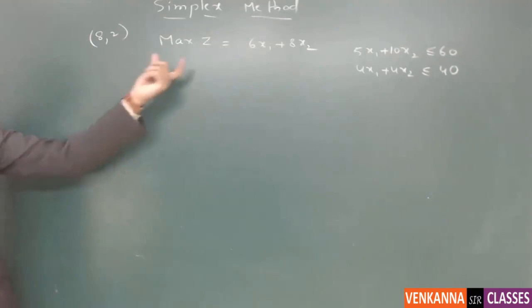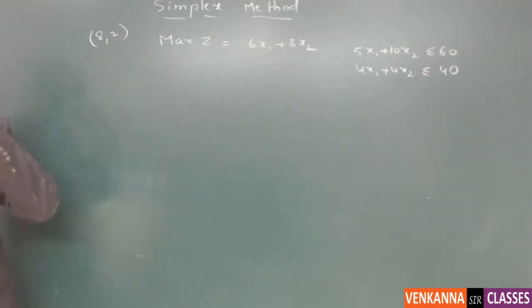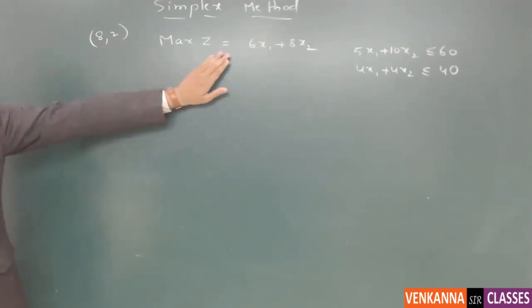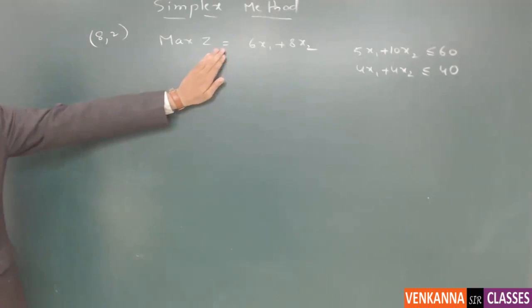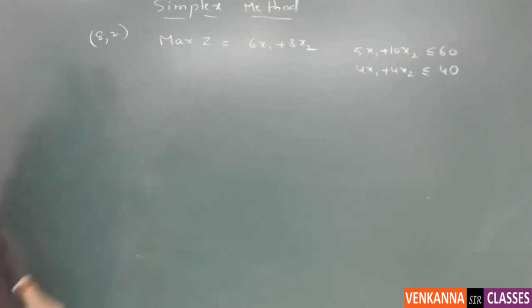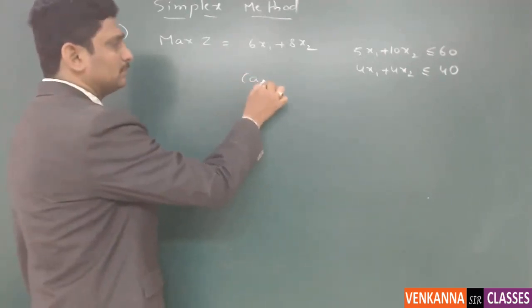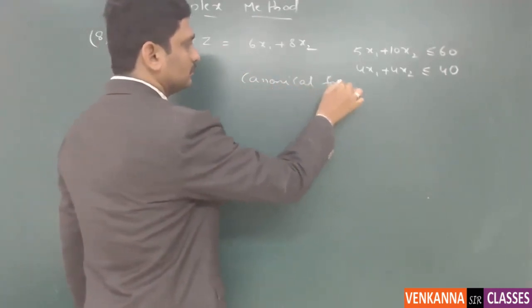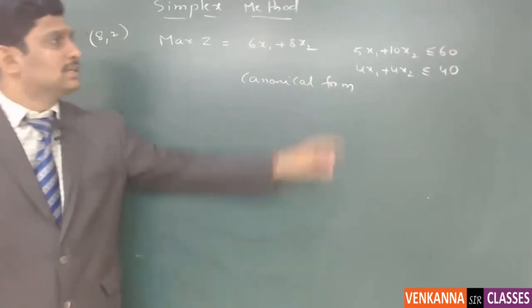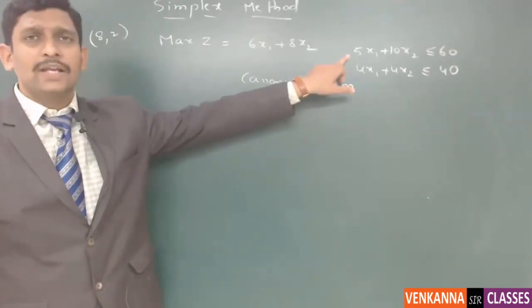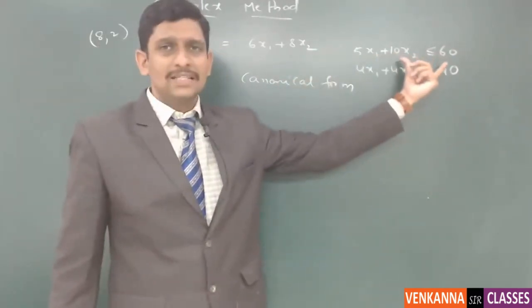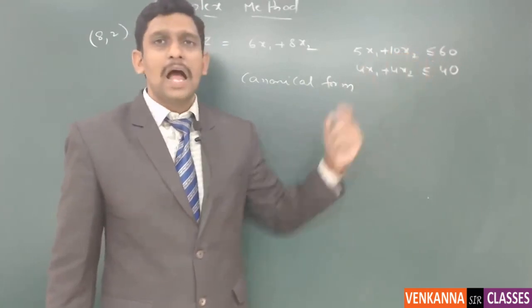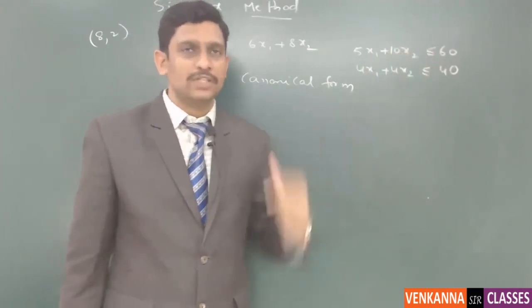So how to construct the simplex table? First of all, we write the LP problem in canonical form. Since these are inequalities, to balance the inequality, I am introducing some variables.